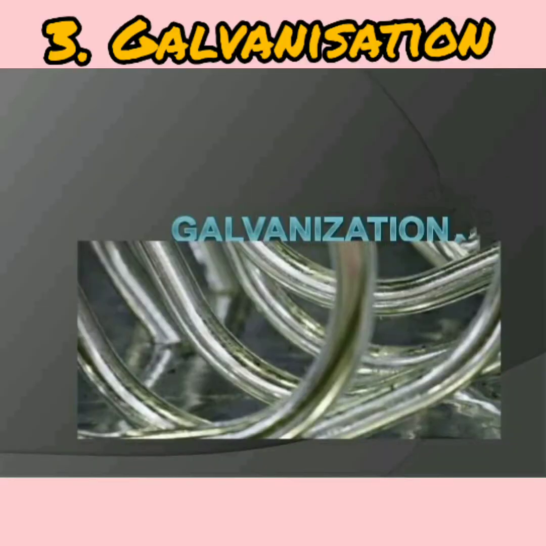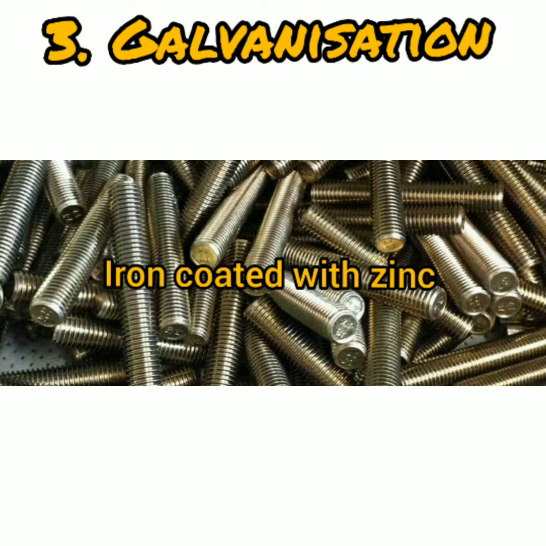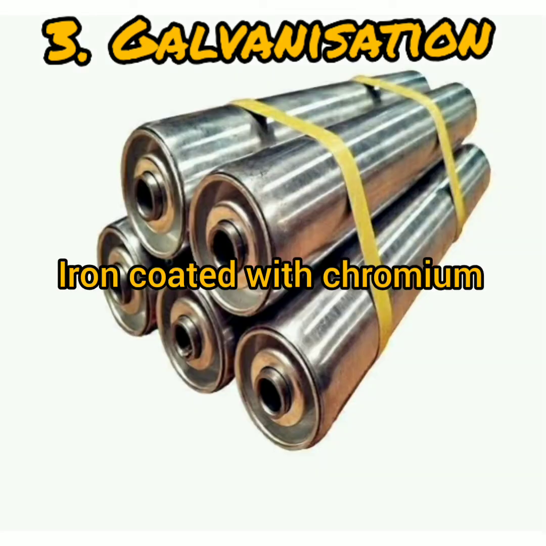The best method to prevent rusting of iron is to carry out the process of galvanization. Iron can be coated with another metal like zinc or chromium.